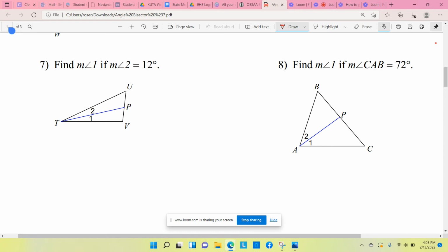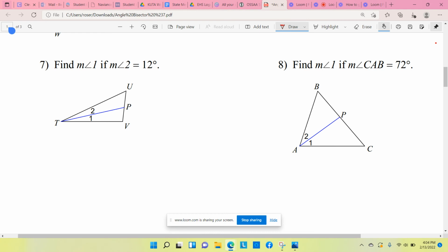The way you would read this is find the measure of angle 1 if the measure of angle 2 is 12 degrees. I'll read that one more time. Find the measure of angle 1 if the measure of angle 2 is 12 degrees. Okay? So now we need to, with our first color, identify what information was given to us.